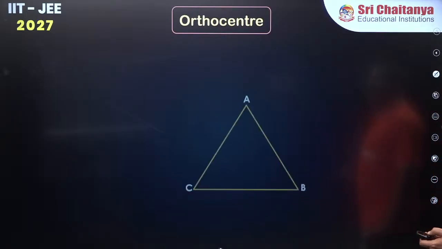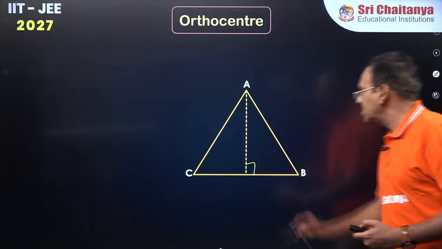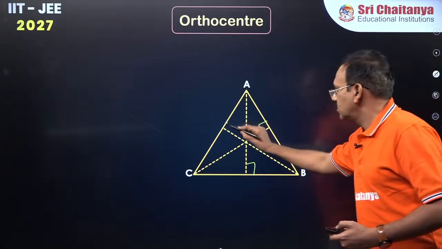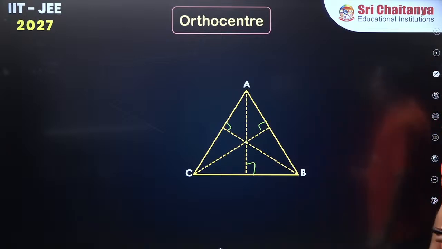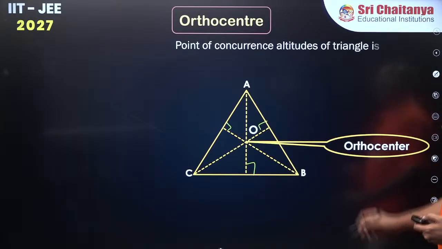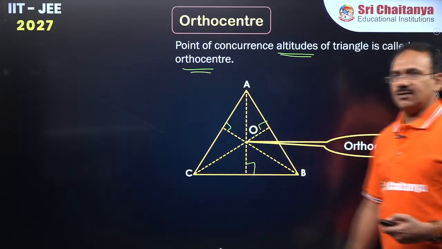Next guys, this is a triangle. I have dropped an altitude onto this, second altitude, third altitude. All three altitudes will be concurrent. The point of concurrence is called orthocenter, denoted by O. So the point of concurrence of altitudes is called orthocenter.